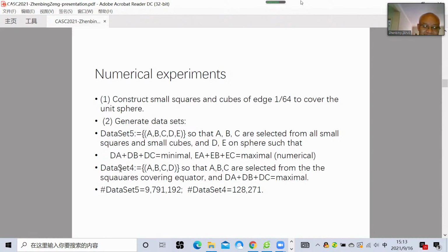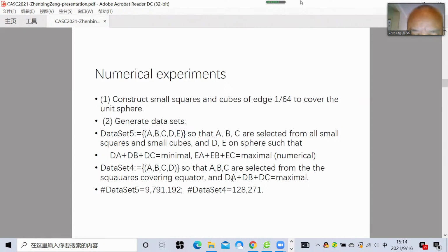And another data set is generated in this way. This data set is composed of 4-tuples A, B, C, D, where A, B, C are selected from the various combinations of the initial squares and cubes covering the unit sphere.